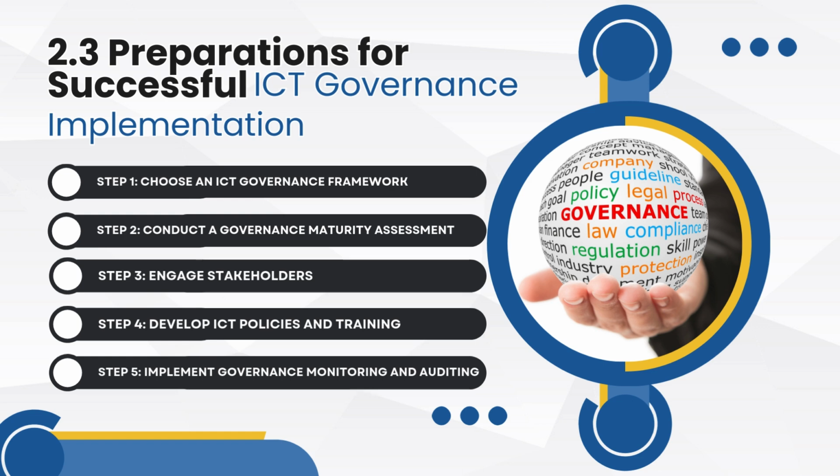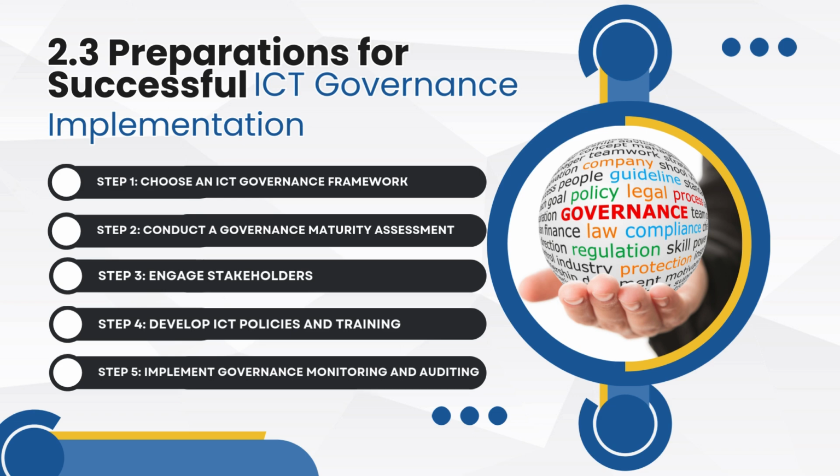Now we're on the last topic: the preparations for successful ICT governance implementation. For ICT governance to be successful, organizations cannot just apply random policies. They need a structured implementation plan. The five key steps are: step number one, choose an ICT governance framework.